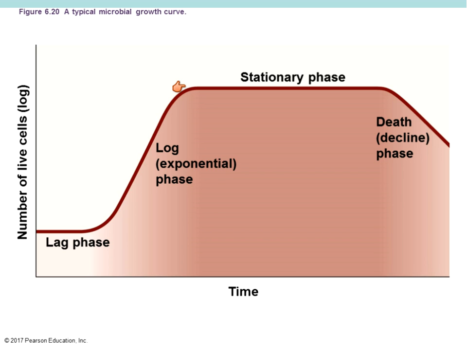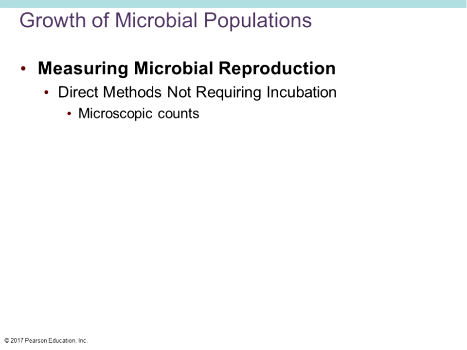We're not seeing any growth and we're not seeing any death yet. And then at some point, we're going to have a decline or death phase, where the nutrients, the pH, and the toxins available, because all of these microorganisms have byproducts, are not conducive to the growth of the microorganism. So at the death phase, more cells are dying than are coming into the population. It's definitely not staying stationary.